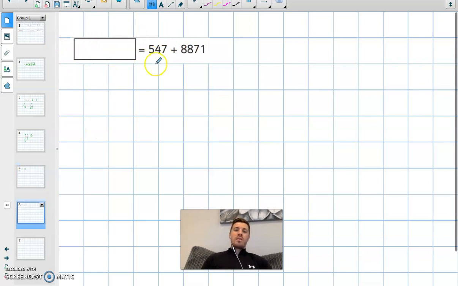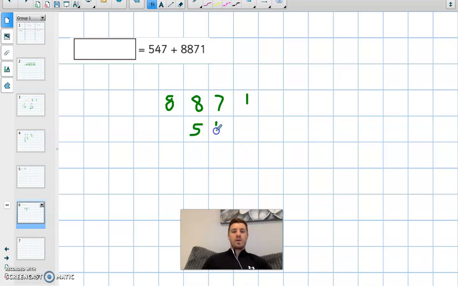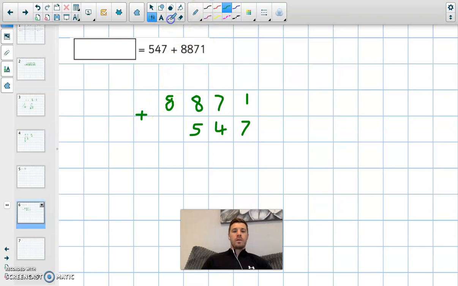The answer box at the beginning, set out like normal. So you need to add these two numbers together. All I would say is my recommendation is putting the largest number in your formal method on top and then putting the slightly smaller number below it. And I would always recommend putting your operation to the left of it to remind you what operation you need to perform.